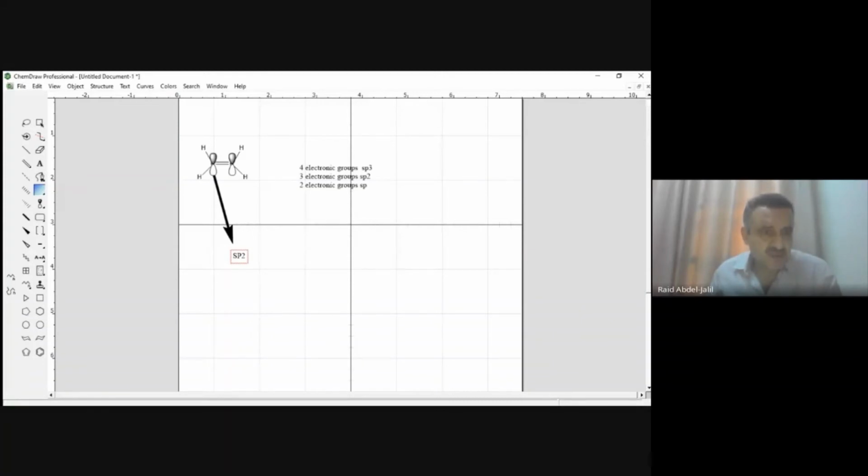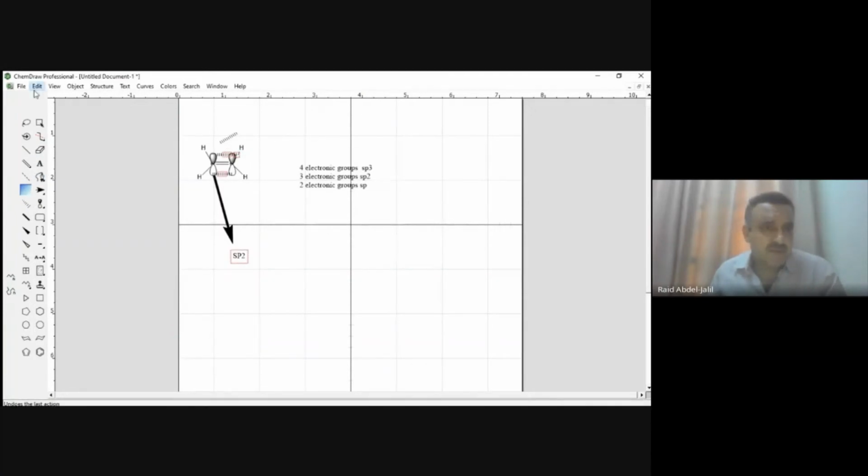You see this overlap between the 2 p orbitals? That's what makes the pi bond, as we call it.